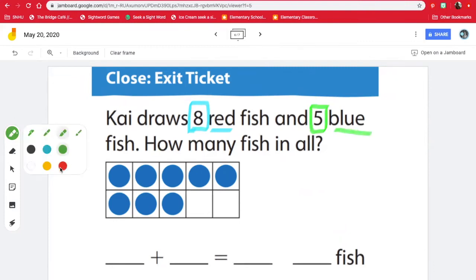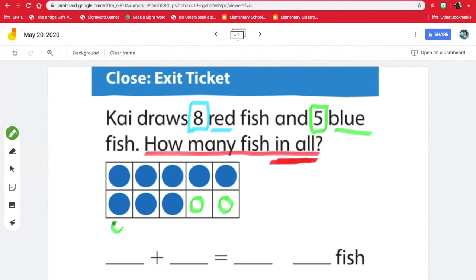And then we need to solve how many fish in all. And there's that special word again, 2 words, in all, showing us that we're going to add. So here we go. We have 8, and let's make a 10. So let's count on to 5. 1, 2, 3, 4, 5.